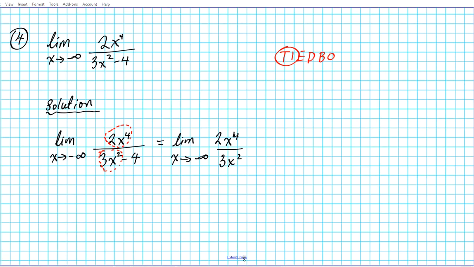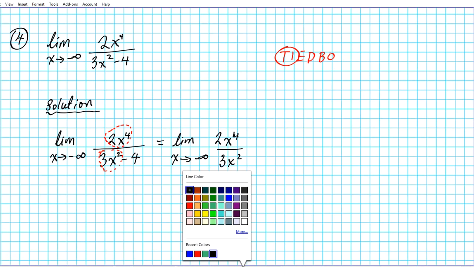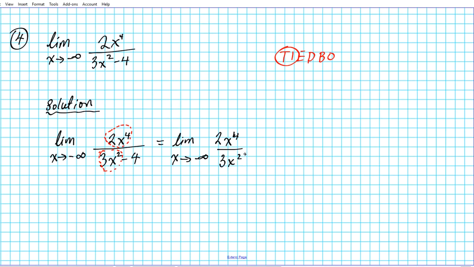Alright, so before we substitute, let's go ahead and simplify that completely first. So x squared goes here 1. Subtract 2 from that. This becomes a limit as x approaches negative infinity of 2x squared over 3. You can clearly see that the numerator has a greater degree. It will be growing much faster than the denominator at negative infinity.